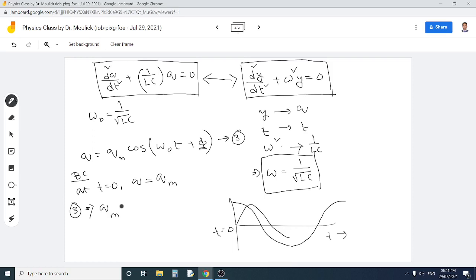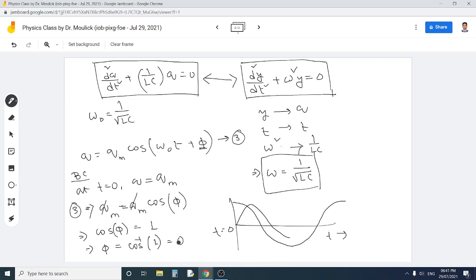So here also we have qm cosine of omega naught t, because t is equal to 0, this term vanishes, and you only remain with phi. So this implies cos of phi is equal to 1, because this qm gets cancelled, which implies phi equals cos inverse of 1, and cos inverse of 1 means we have got 0.